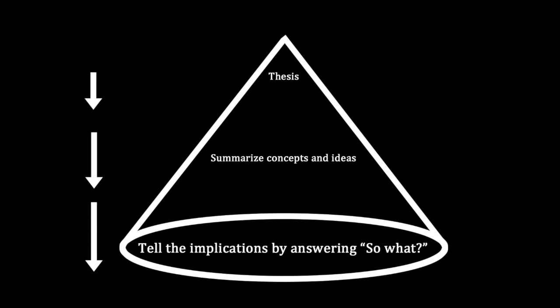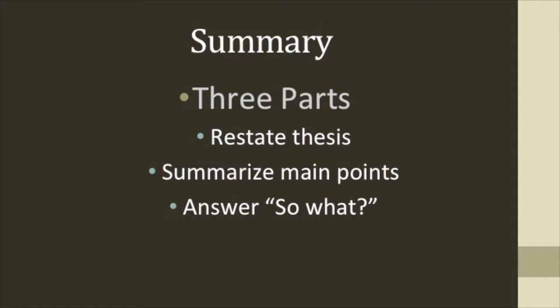You start with your specific thesis by restating it, and then you begin to broaden the conversation by summarizing everything that you've talked about, and then finally leaving off with a hook that makes the reader think after they finished reading your paper. Perhaps you can return to your hook that you had at the beginning to bring the paper full circle.